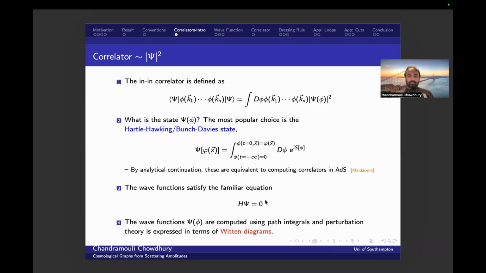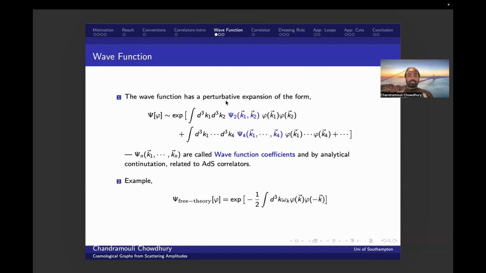Now, just like we have Feynman diagrams that allow us to compute amplitudes or the S matrices in perturbation theory, you can also compute these wave functions diagrammatically using what are called Witten diagrams. So just to give you an example of how this looks in perturbation theory, this is the object that we want to work with, and you can expand this perturbatively in some field basis, which is given by these phi's here. They're very similar to the position space representation of some wave function in quantum mechanics.